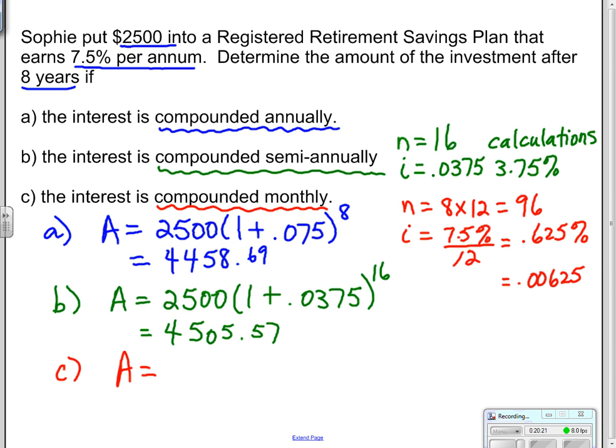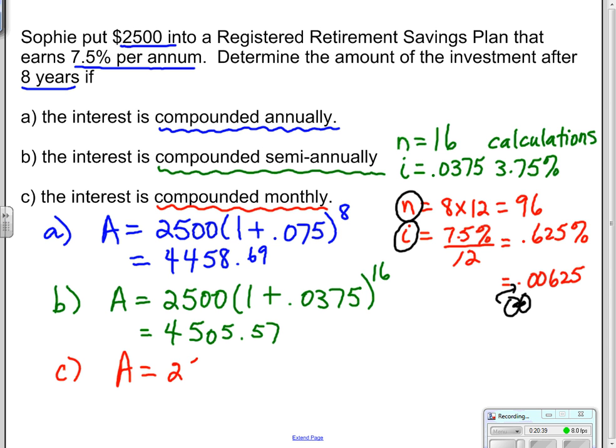So we have some things to watch out for. We have to be very careful that our decimal is in the right place and that we have watched our compounding periods. It changes two things, the N and the I. Let's calculate and see if this is better for her.